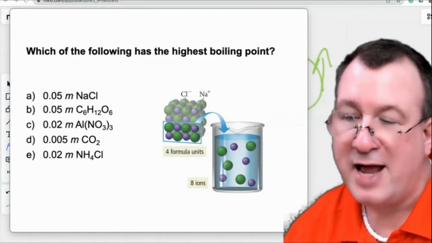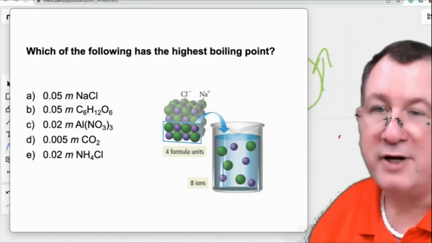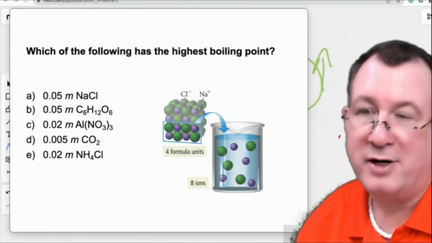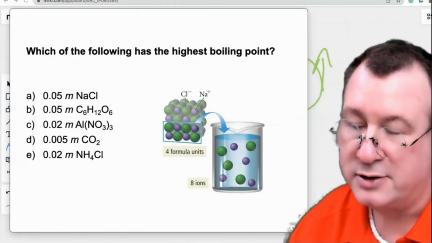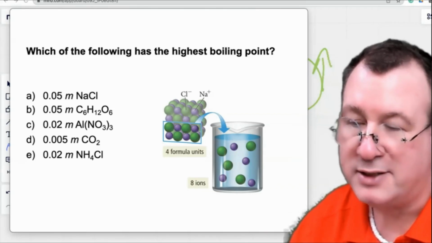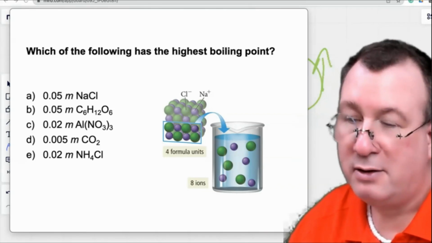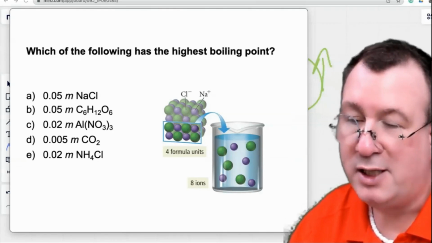So if I have a molality of sugar of 0.05, then my molality of particles is 0.05, and the rest of these are ionic. Oh no, the CO2 is also molecular. CO2 is totally not going to be it. It's not going to be B, it's not going to be D. It could be A, right? Or it could be C, or it could be E.